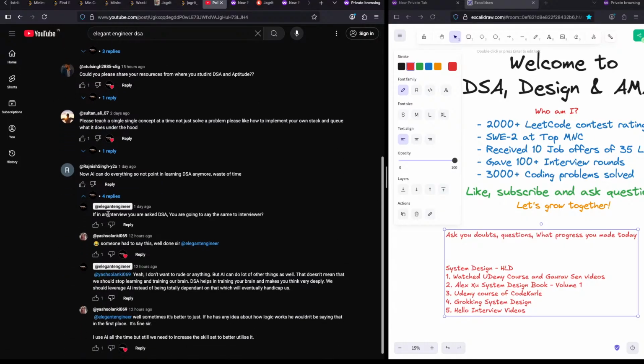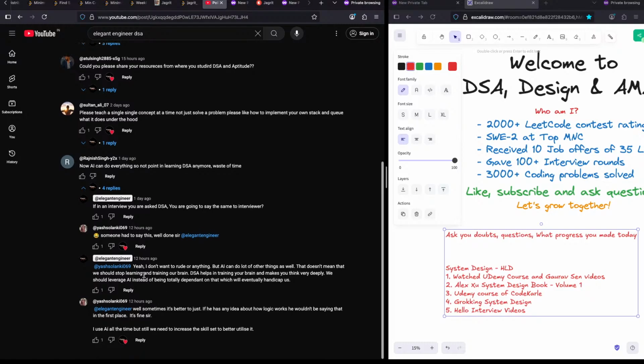I said that you should leverage AI. AI can do a lot of other things, but that doesn't mean we should stop learning and training our brain. DSA helps in training our brain, and we should leverage AI instead of being totally dependent. If you are totally dependent on it, eventually it will handicap you and me both.